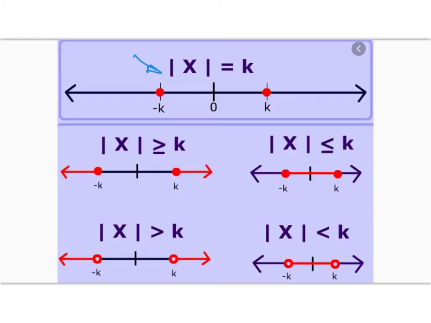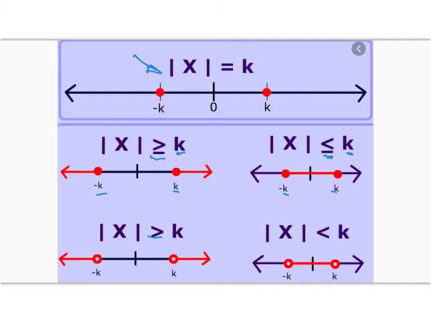When the absolute value is greater than, you're dealing with numbers outside of your boundary, the positive of your boundary and the negative of your boundary. When the absolute value is less than the other term, you're looking at all numbers in between your boundary.